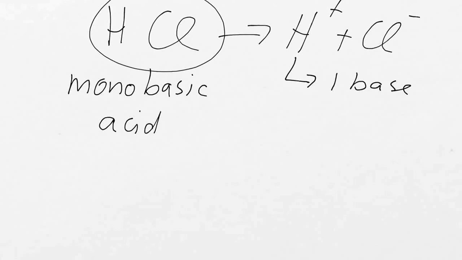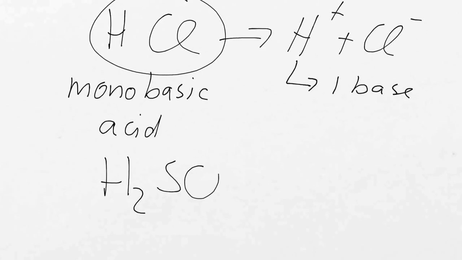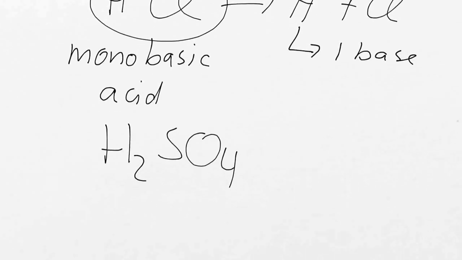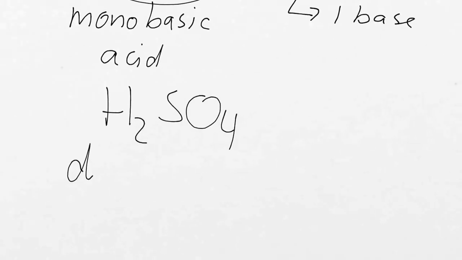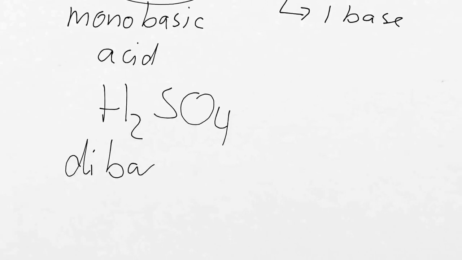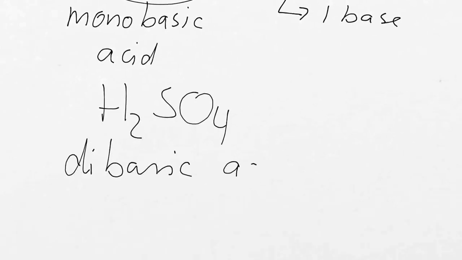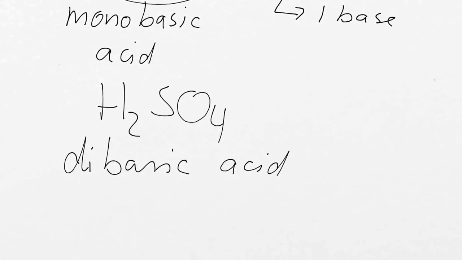So I have satisfied 2 bases. So you don't need to be a rocket scientist to figure out that a compound, for example, H2SO4, is a dibasic acid because it can satisfy 2 bases. Yeah? Happy with that?